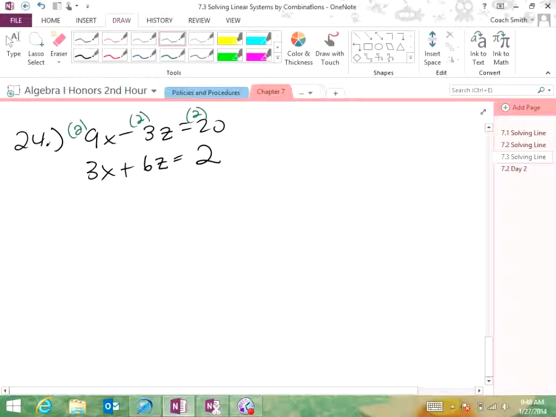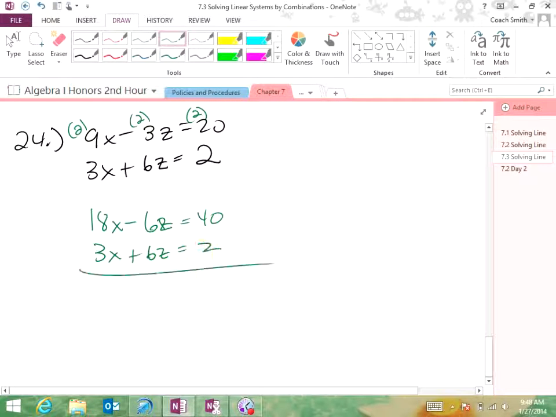And so that gives us 18x minus 6z equal 40. And then underneath we got 3x plus 6z equal 2. We add them together, we combine them by adding, and that's 42 equal, those cancel, 21x. So I divide by 21, divide by 21, that gets me x equal to 2.